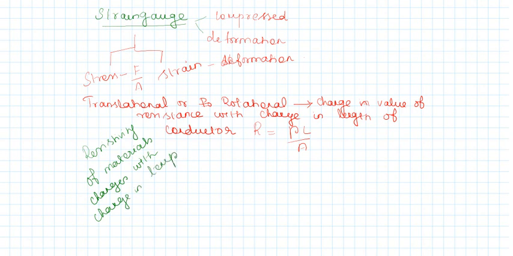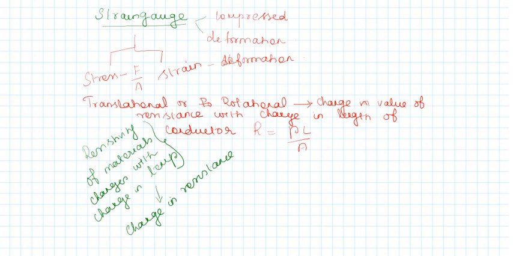So the resistivity is also varied with the change of temperature, and because of this there will be a change in resistance. Okay, that is the working. The same principle works in your potentiometer as well as your strain gauge.